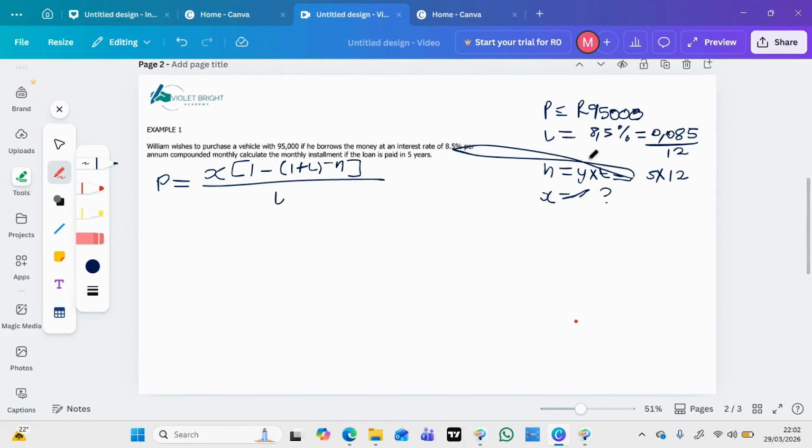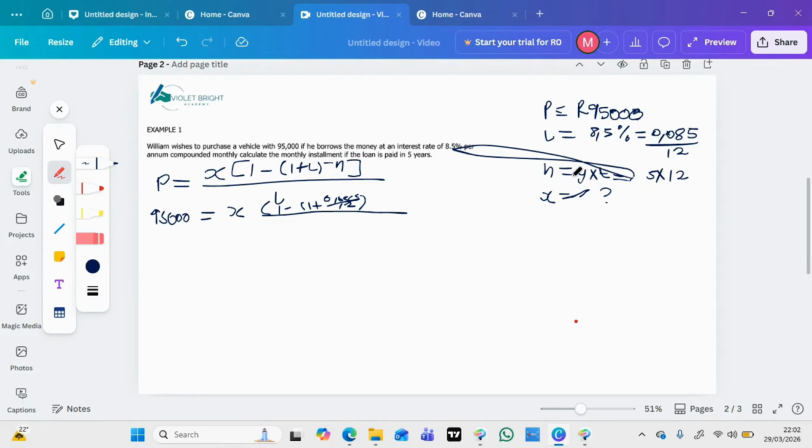So let's put everything in the formula. It's 95,000 here, and then it's x, then we have 1 minus (1 plus the interest rate, which is 0.085 over 12), to the power negative n.